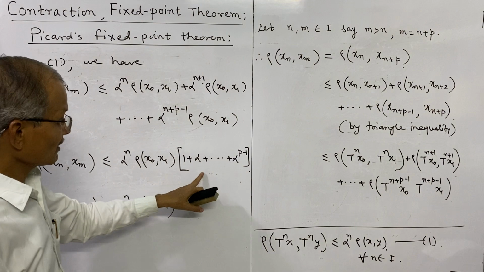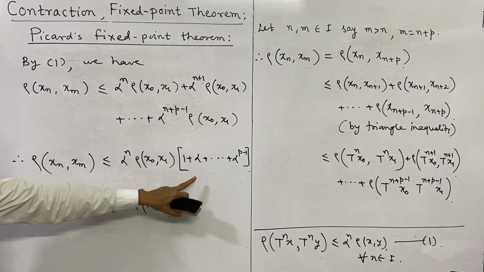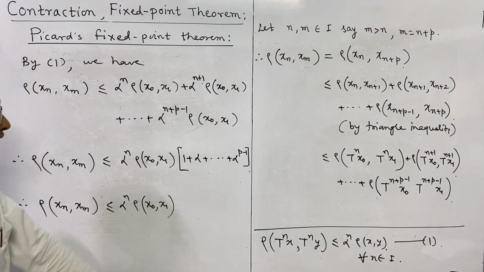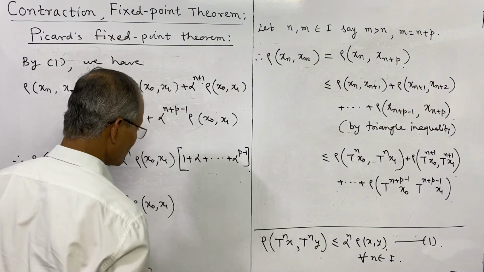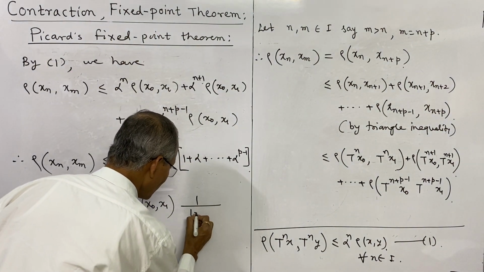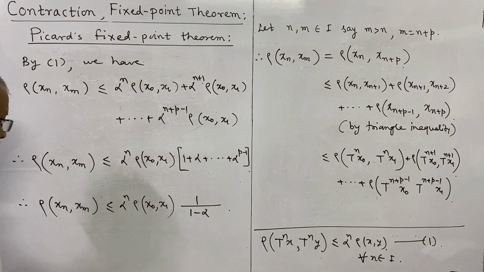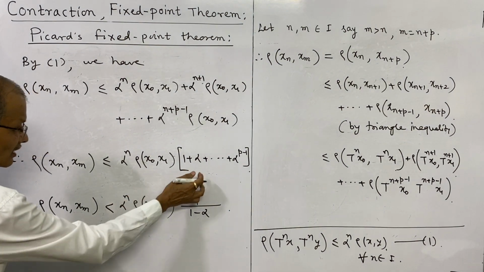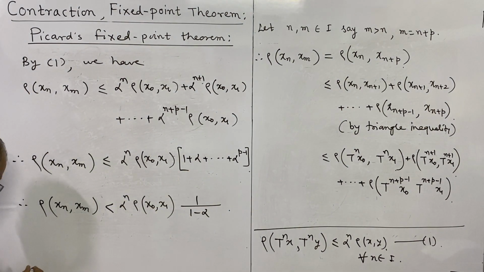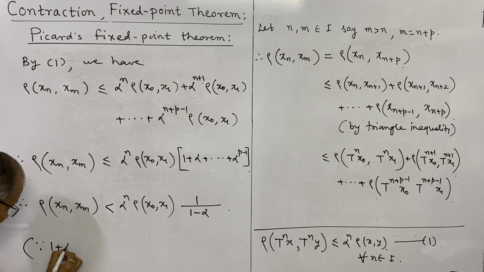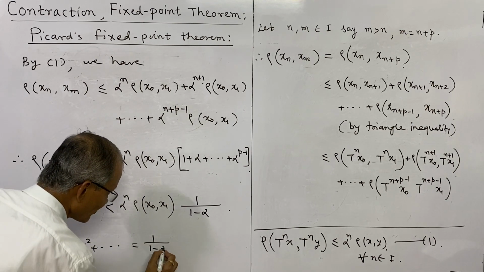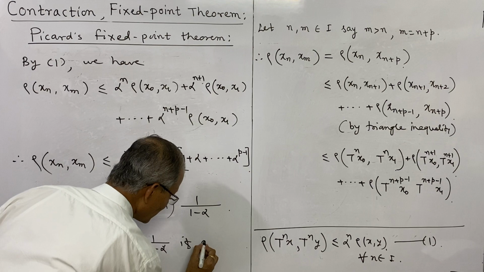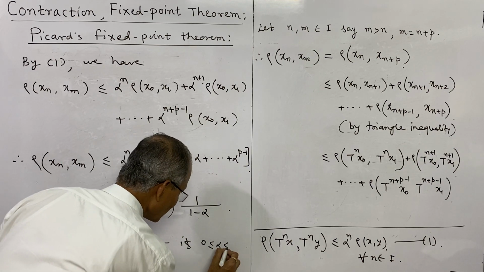And this we can consider as a geometric series. If you consider this series as infinite, then its sum is 1 over 1 minus alpha. So we shall write it directly as 1 upon 1 minus alpha. So this is strictly less than this one, since the series is 1 plus alpha plus alpha square and so on, and this sum is 1 upon 1 minus alpha if 0 is less than or equal to alpha is less than 1.